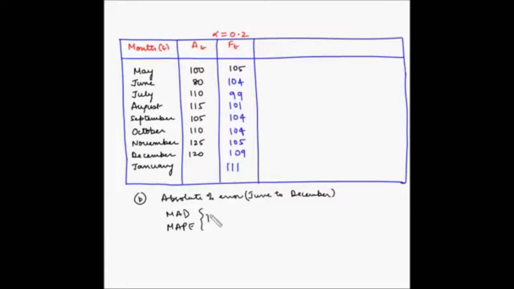Now first we have to find out the absolute percentage error for June through December. Again, this is absolute percentage error, not the mean absolute percentage error. So what is absolute percentage error?